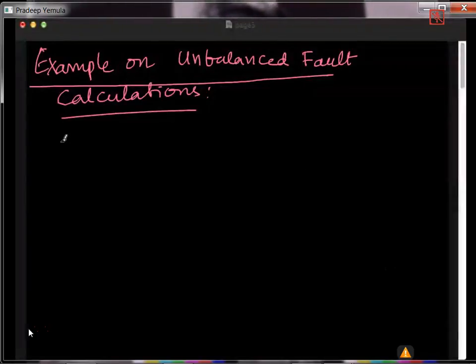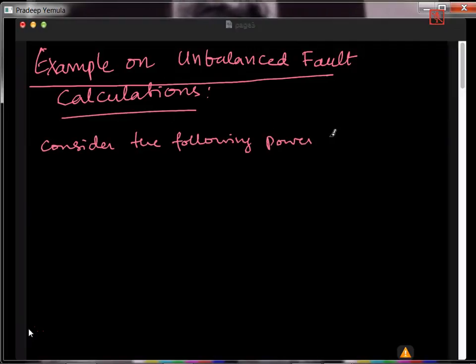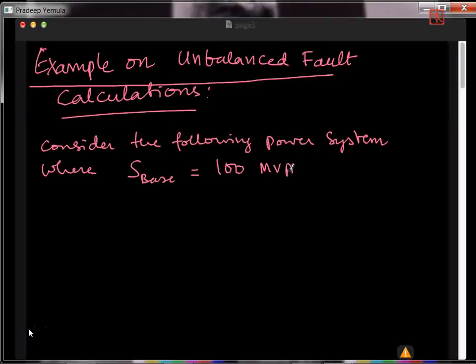So consider the following power system, where S base is 100 MVA and V base is 20 kV for the generator.